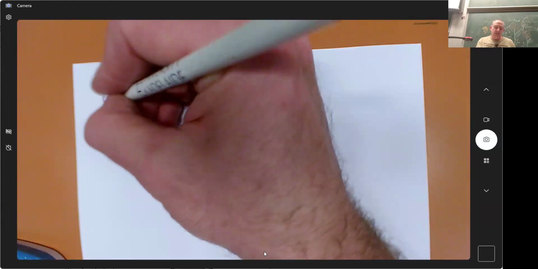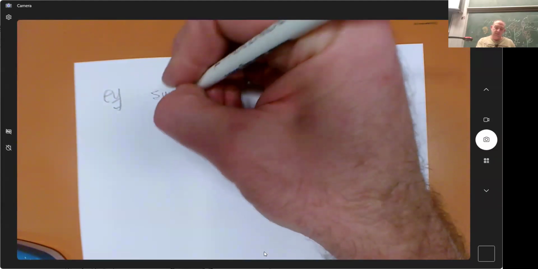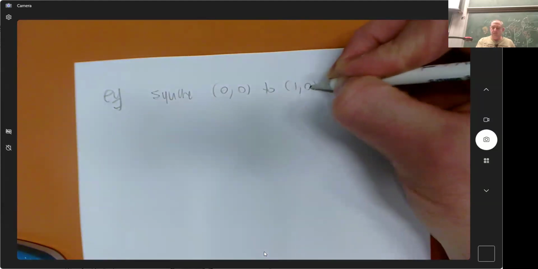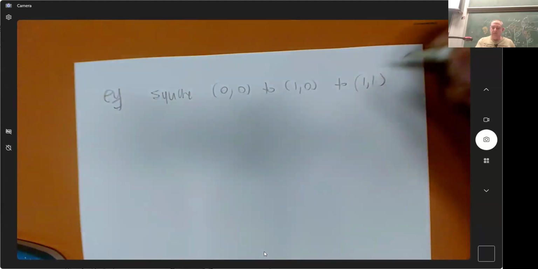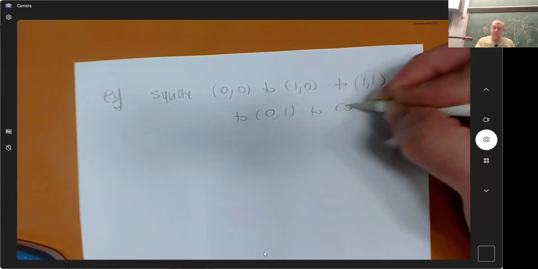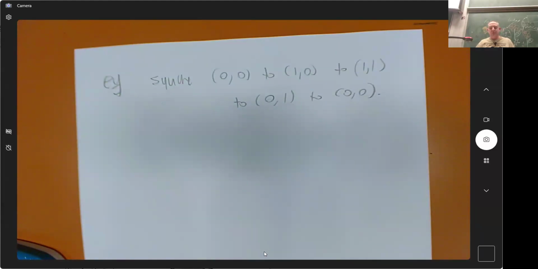So if we had that square from 0, 0 to 1, 0 to 1, 1 to 0, 1 to 0, 0.